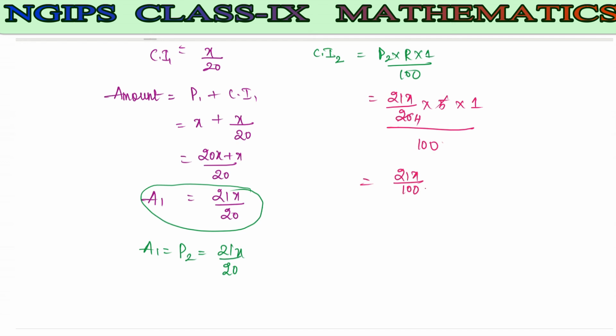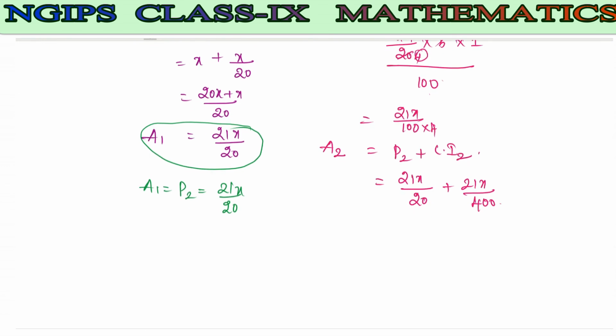Now the compound amount of the second year is equal to second year principal plus second year compound interest. So for the second year amount, we have the principal value 21x divided by 20 plus 21x divided by 4 into 100, so here you will get 400. Now if you take LCM, to get 400 I am going to multiply by 20.